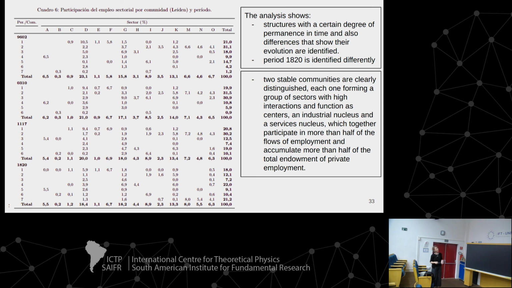And then we saw that two stable communities are clearly distinguished. One forms a group of sectors with high interactions, and it functions as a center, as a core. So that's what we saw in each analysis. And then we have others that always serve as a periphery. So at least this is what is implied for the labor market of Argentina.